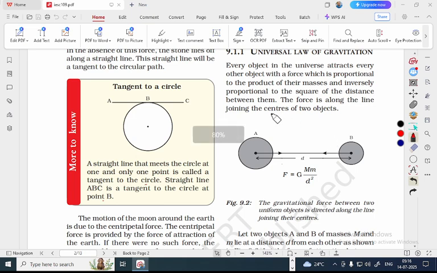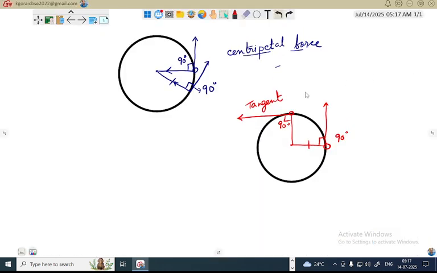Now we learn about the universal law of gravitation. Let us find out what that is.